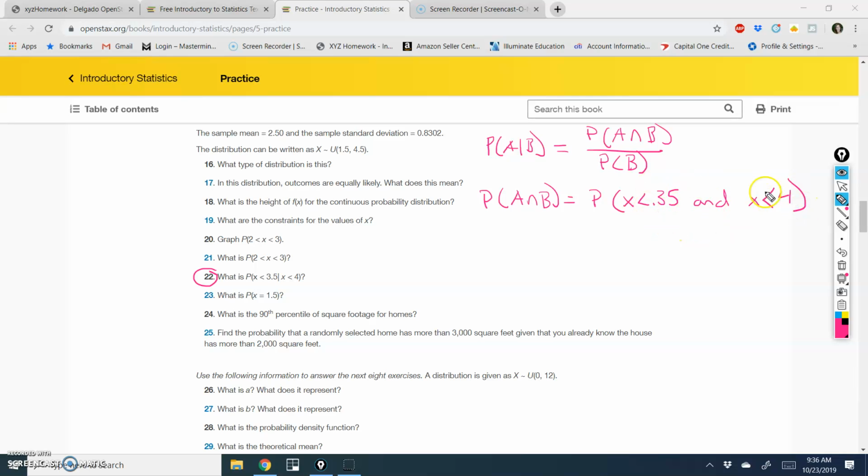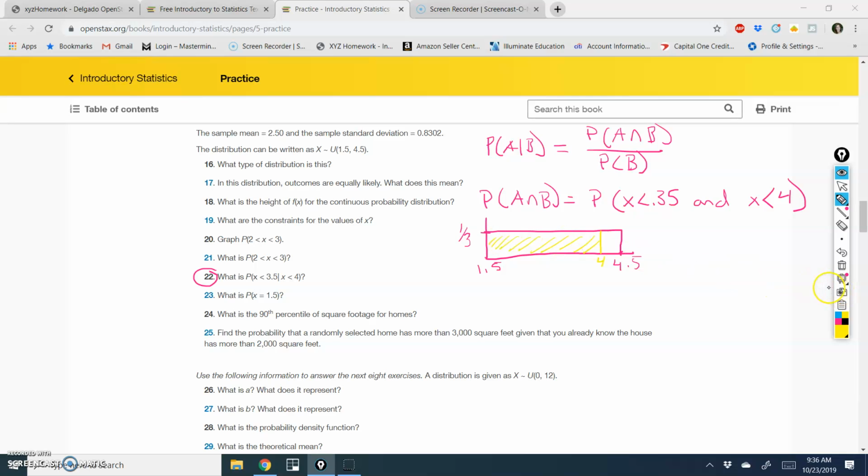So graphically, what does this look like? Here's our distribution again. It starts at 1.5, goes to 4.5, with a height of 1/3. There's our block. Let's use some different colors. x is less than 4: the probability that x is less than 4 is that region there.